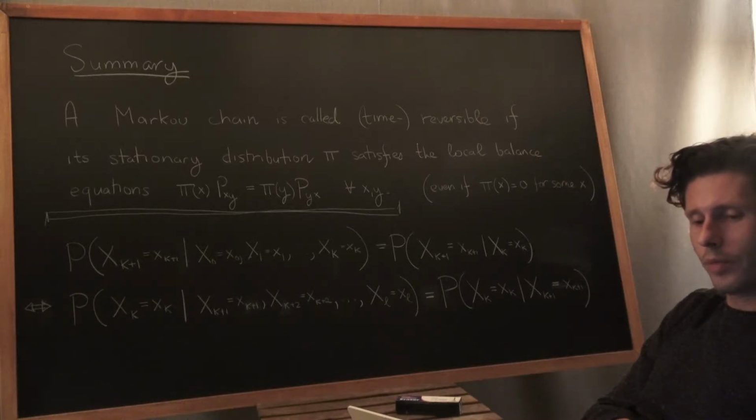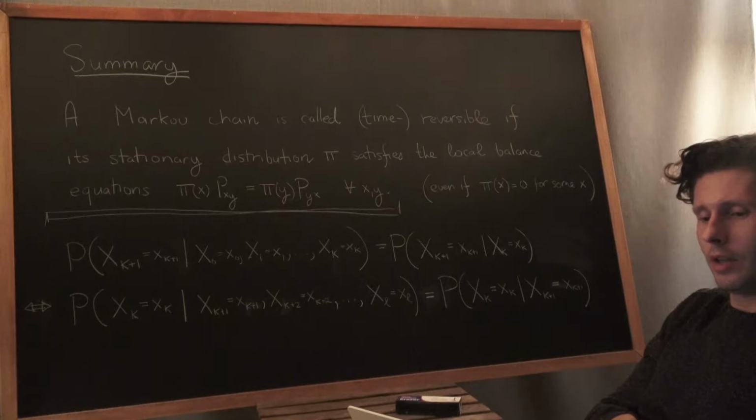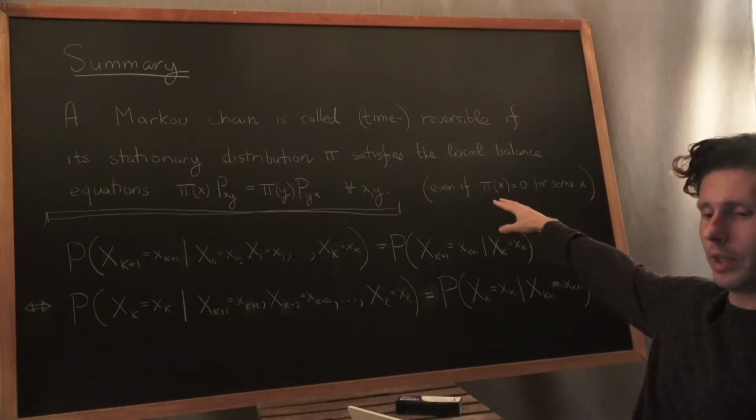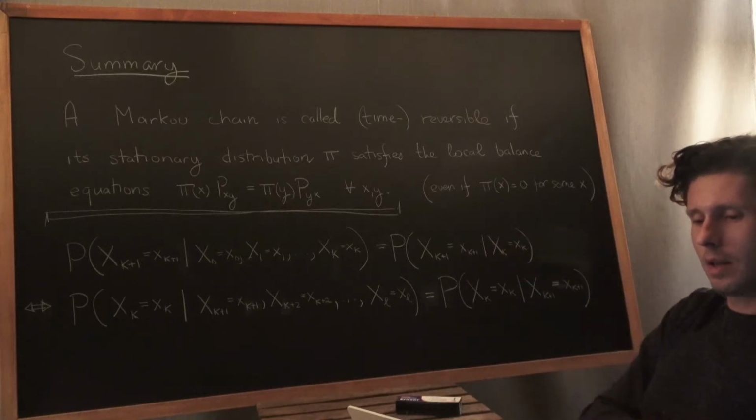If you're looking for an extra challenge, you can try to see how to reconcile the theory that I presented with the well-motivated definition of reversibility, being that a process is reversible when it's equal to its time reverse chain. How do you adjust or patch that theory when pi x is equal to 0?